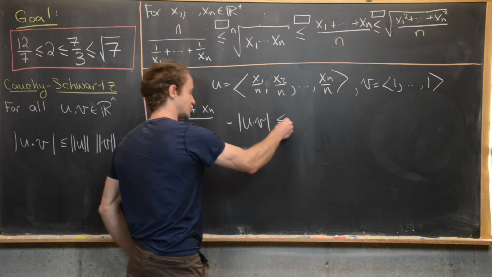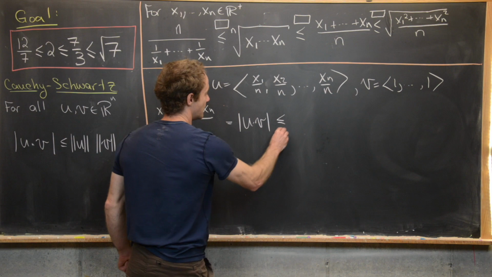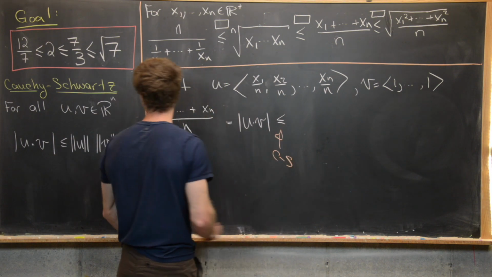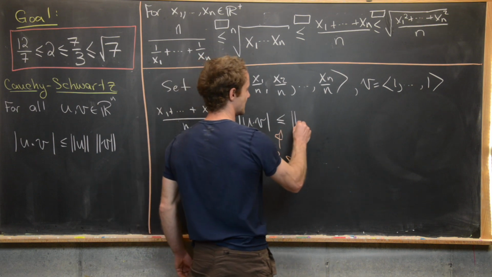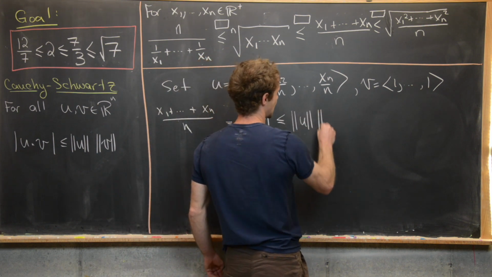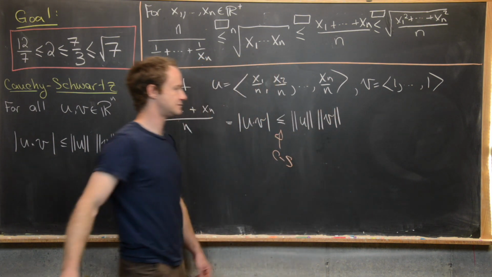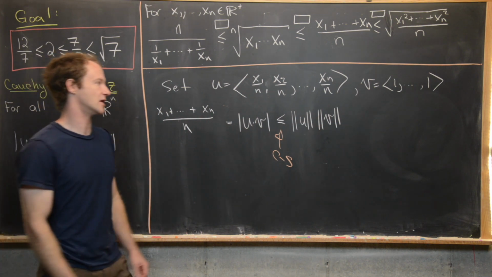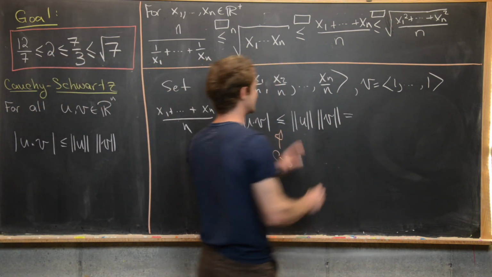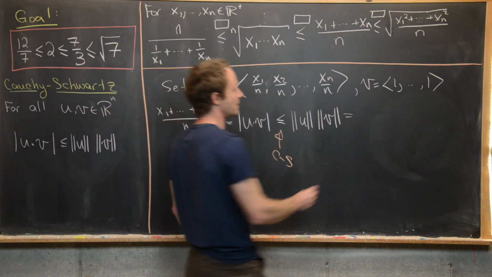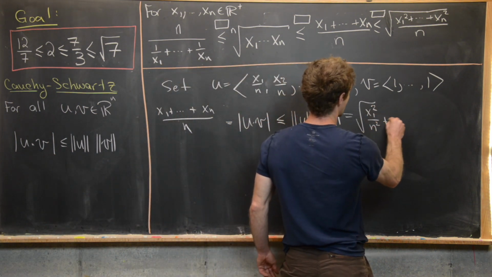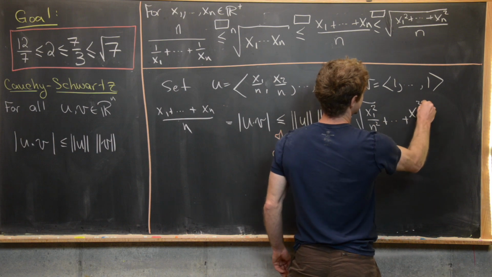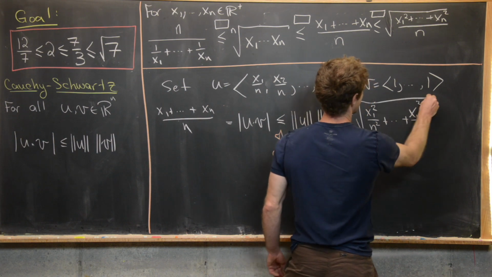But then by Cauchy-Schwarz, so let's point out that here we're using the Cauchy-Schwarz inequality, we know that that is less than or equal to the magnitude of u times the magnitude of v. So let's see what those are in this case. The magnitude of u will be the square root of x1 squared over n squared all the way up to xn squared over n squared.